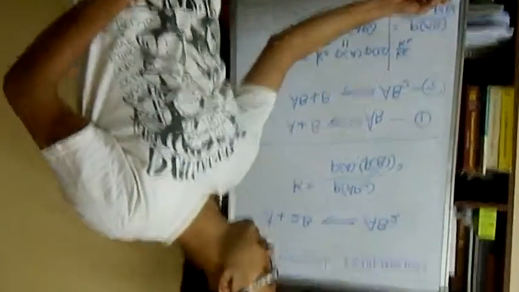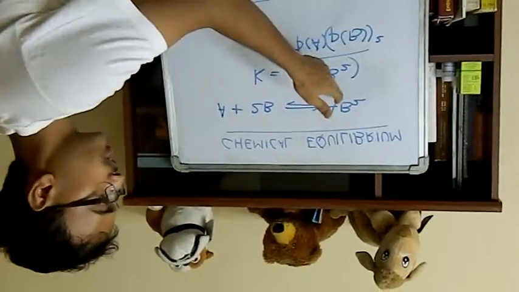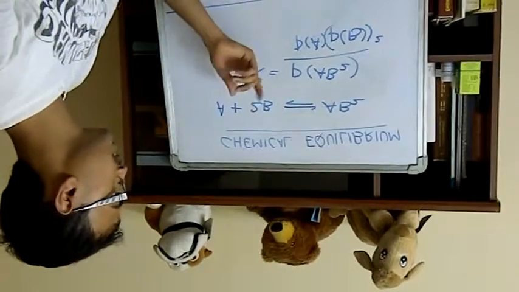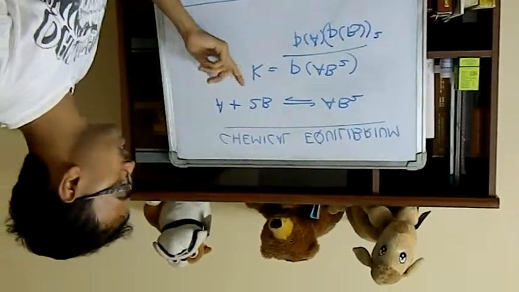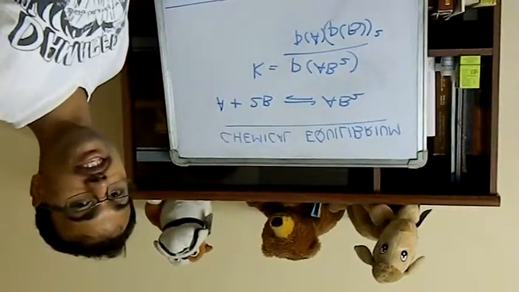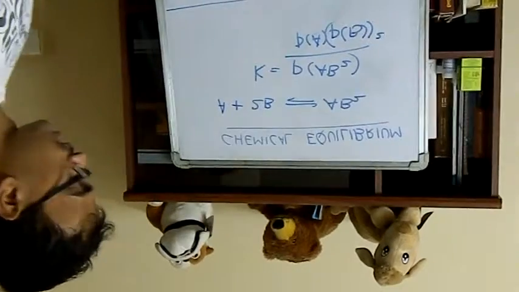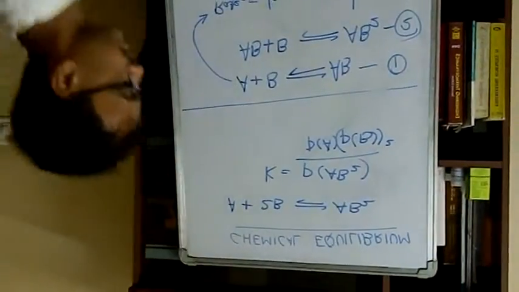Note that this has the same form as the earlier one. The equilibrium constant is equal to the product of the partial pressures of the product compounds divided by the product of the partial pressures of the reactant compounds, each partial pressure raised to the number of molecules, the number of equivalents, in the reaction. Let us write the equilibrium constant for the second reaction.